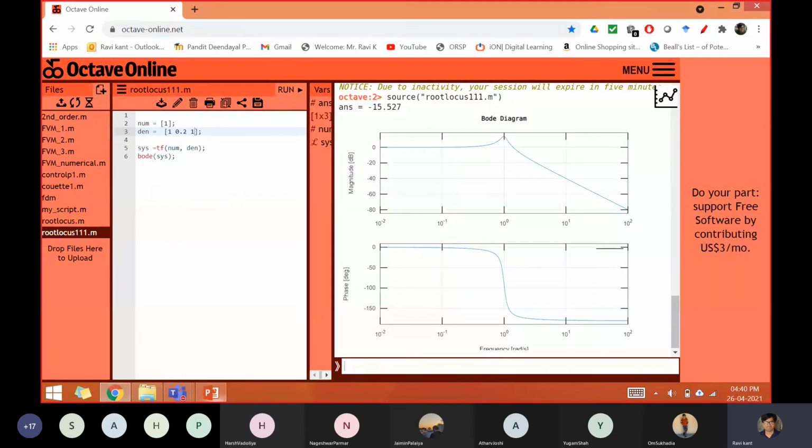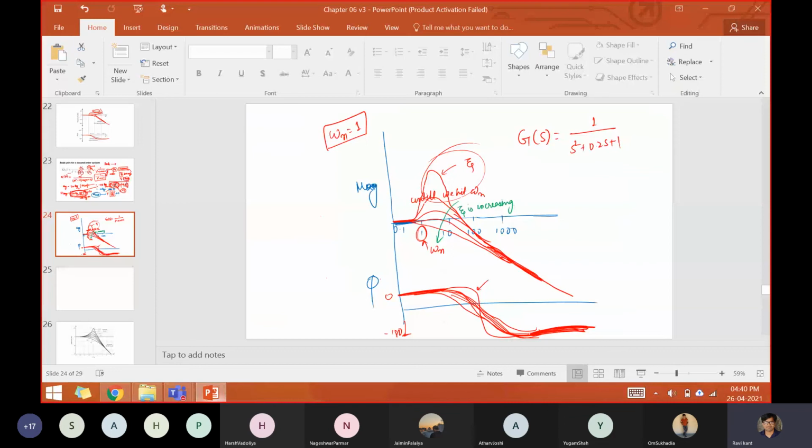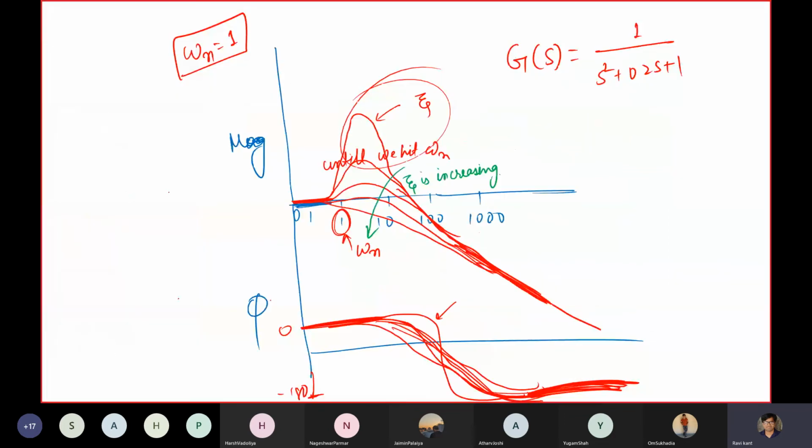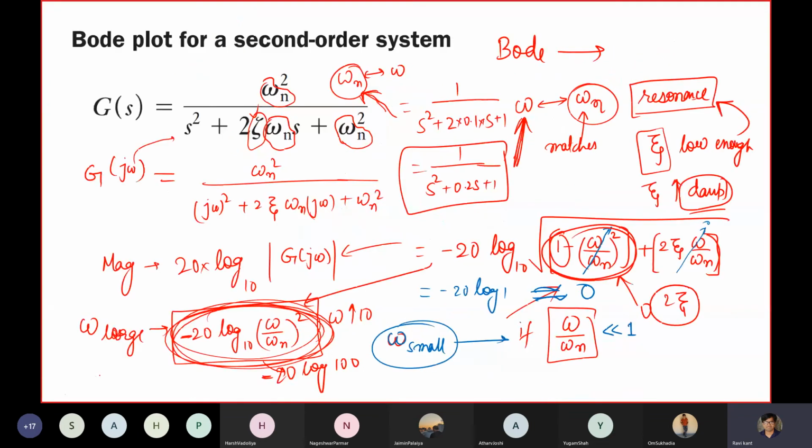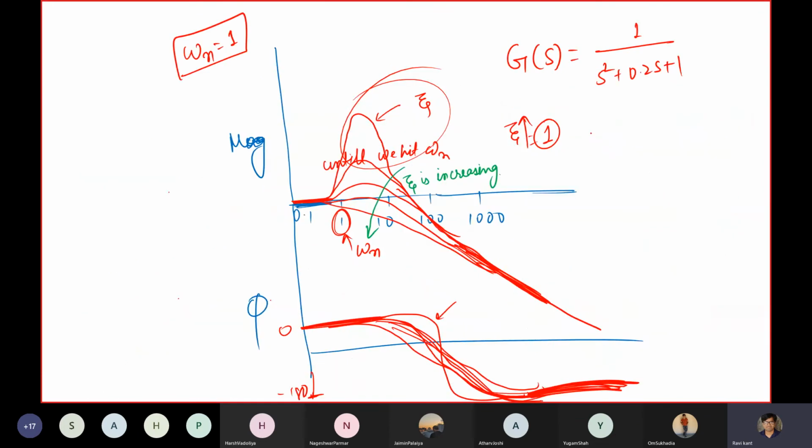Okay, let's try to manipulate here, and let's increase my zeta value to probably 1. So when I put my zeta value as 1, 2 times 1 times s, it will be 2s, and my system would be 1 upon s square plus 2s plus 1.